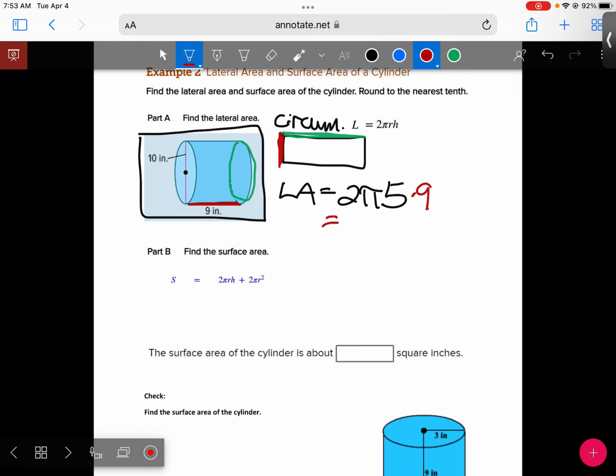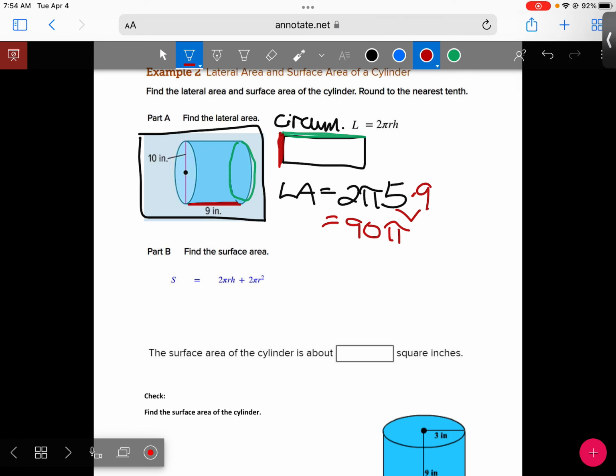Okay? So a couple ways we can do this. 5 times 9 is 45. Times 2 is 90. So that's going to be 90 pi. So on your calculators, take 90 pi and tell me what you get. Anyone? 90 pi?